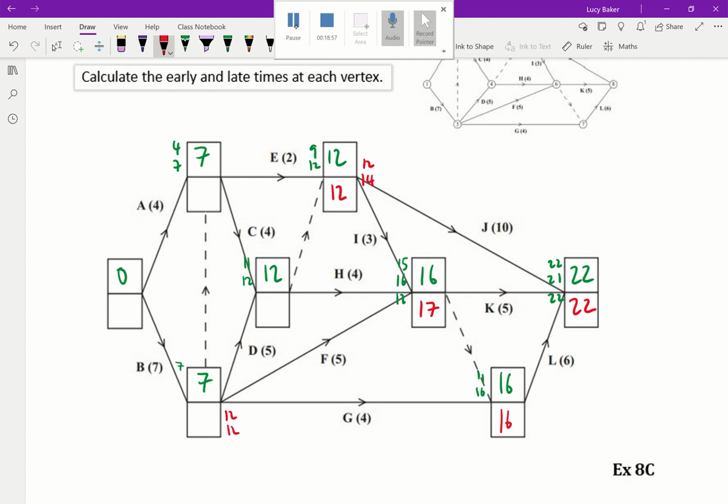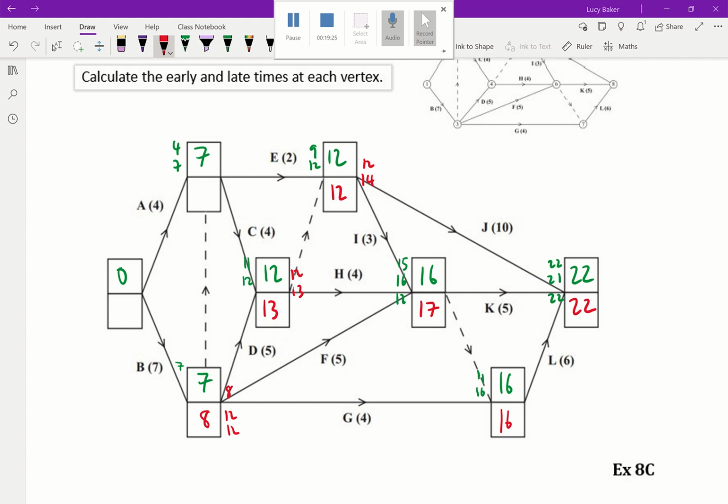I could go from this event up here down the dummy, which would be 12, or I could go from 17 and subtract 4, so 13, and I'm going to pick the largest, so it's going to be 13, and 13 minus 5 is 8. So I believe this time must be 8 then.